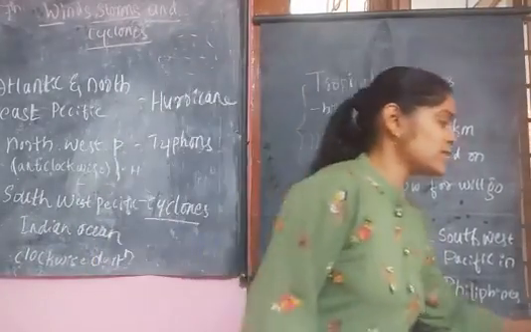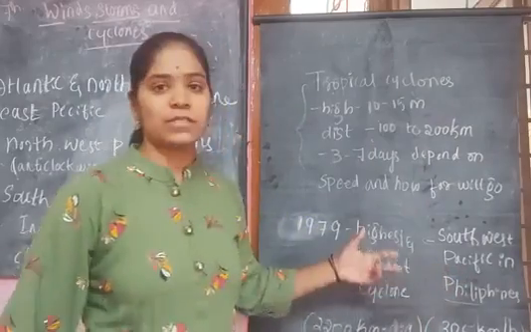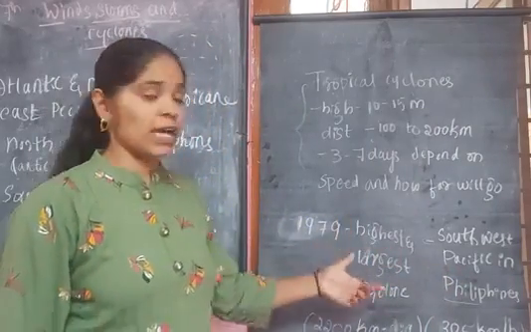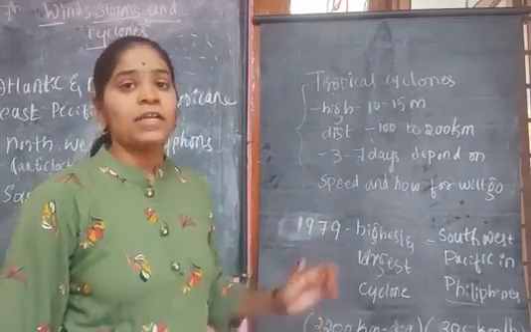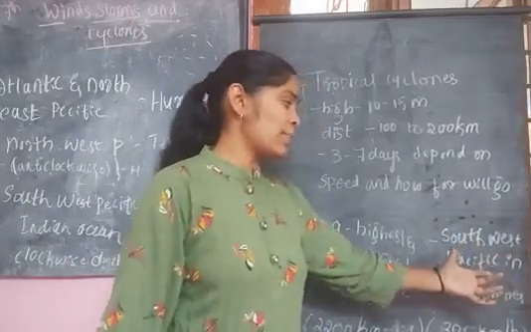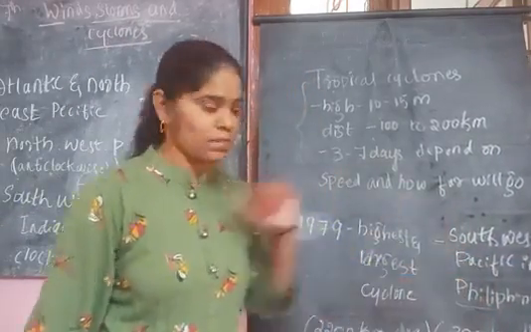The Philippines recorded the highest and largest cyclone. It was in the year 1979, in the Southwest Pacific near the Philippines.